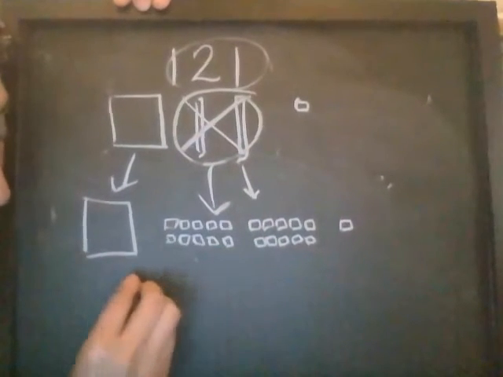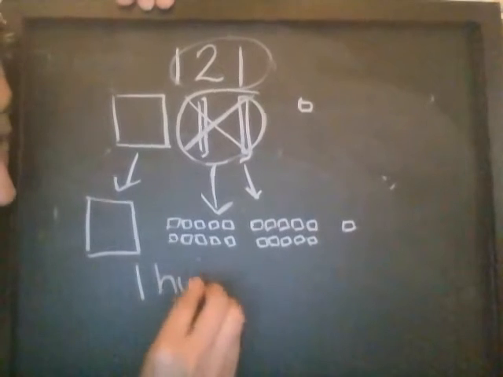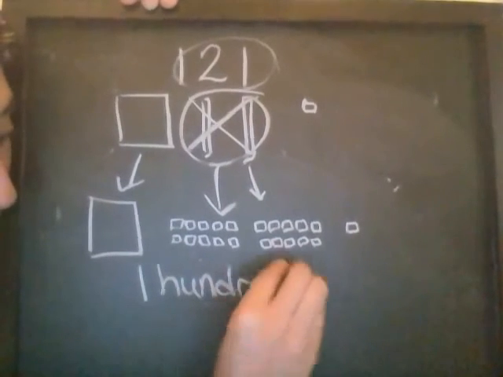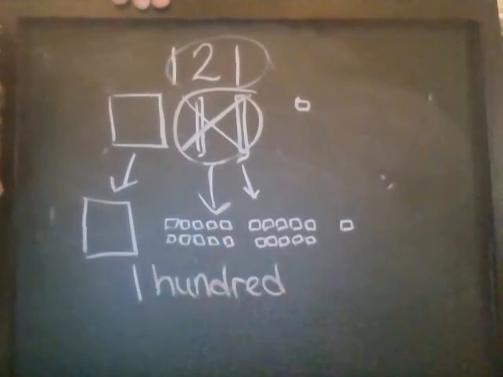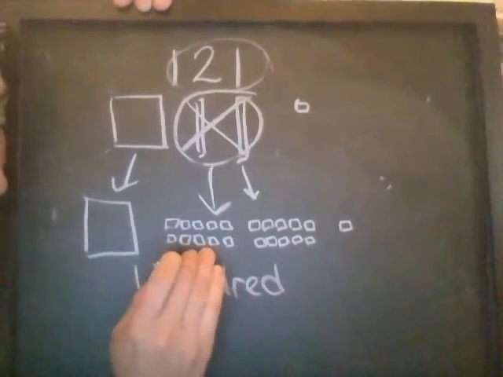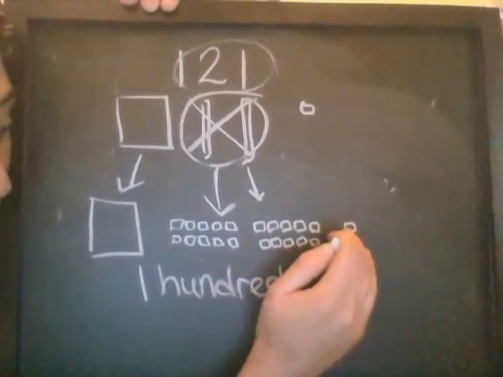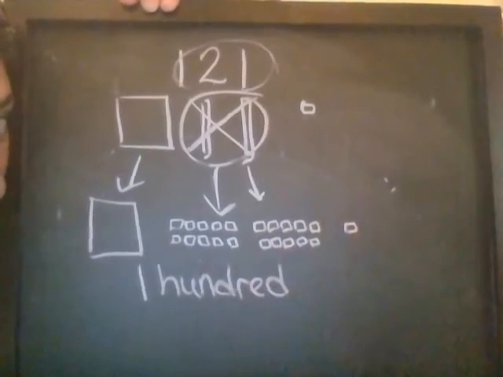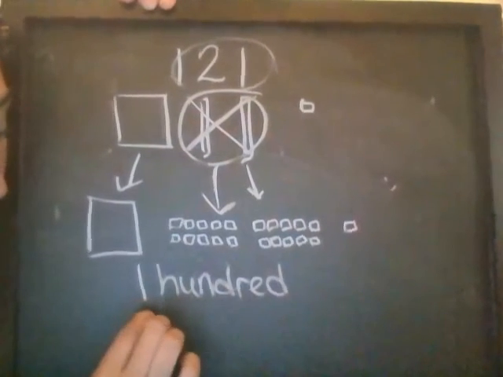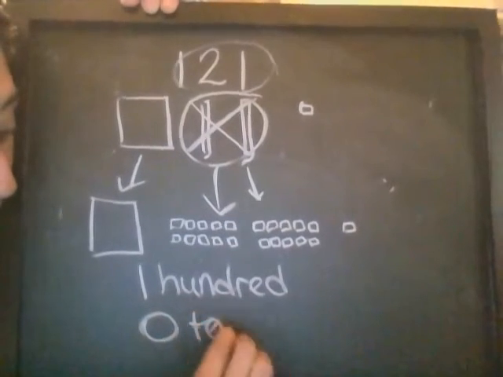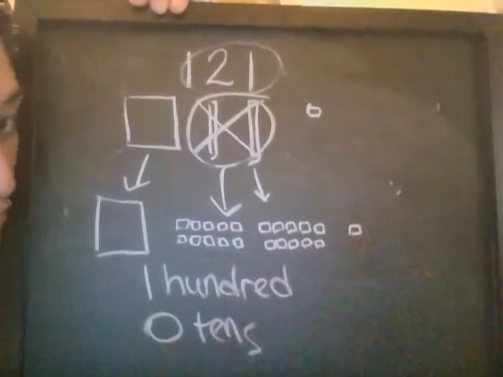So let's see. This time I'm going to write. I used 100. And I used, no. If I know that this is 10, plus 10 is 20, plus the 1 is what? 21. So I used 0 tens, but I used 21 ones.